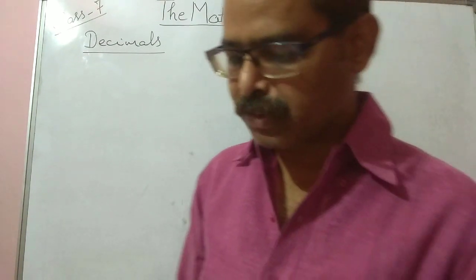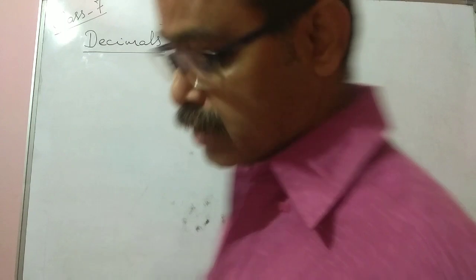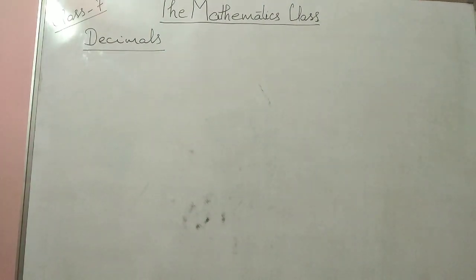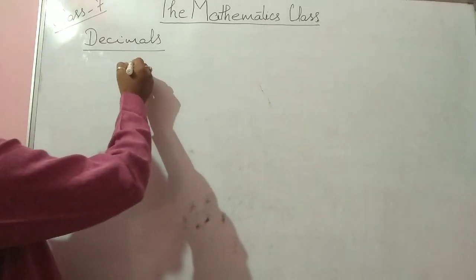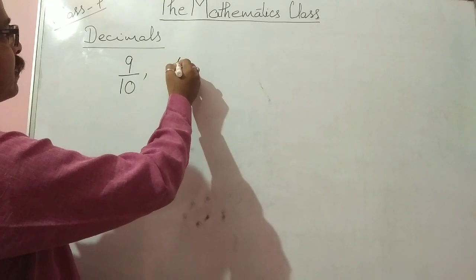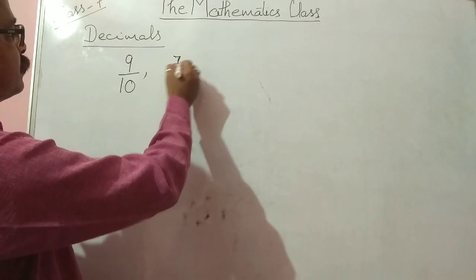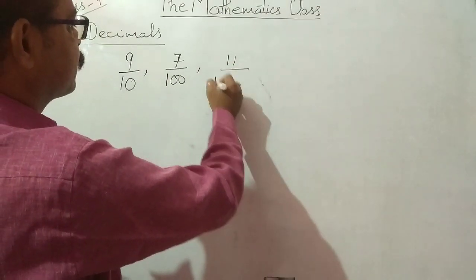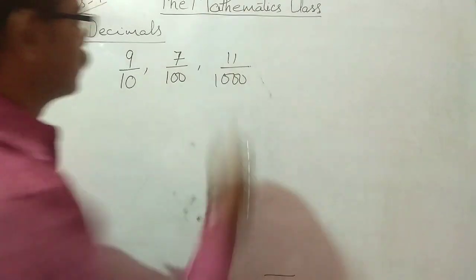Now we move on to our topic, decimals. What is the meaning of decimals? Generally, suppose I say 9 upon 10, or 7 upon 100, or 11 upon 1000.